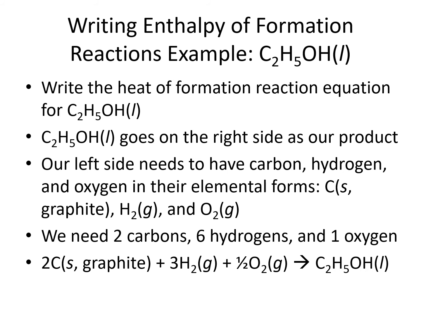So 1/2 times 2 gives us 1, which matches up with the 1 we have on the right-hand side. So our equation for the enthalpy of formation of ethanol is going to be 2 carbon solid graphite plus 3 H2 gas plus 1/2 O2 gas makes our ethanol.